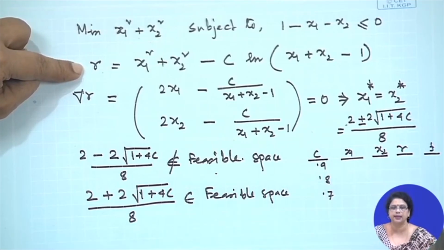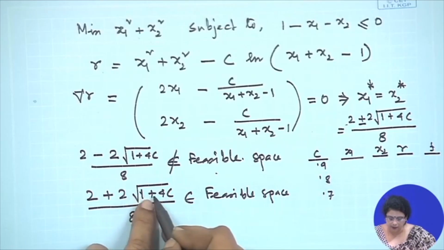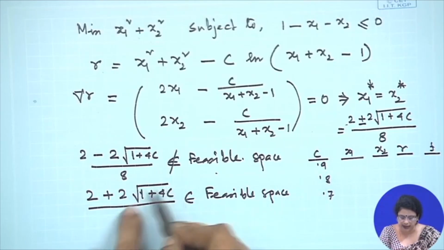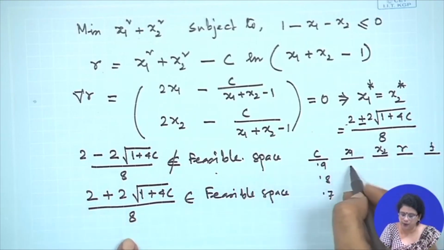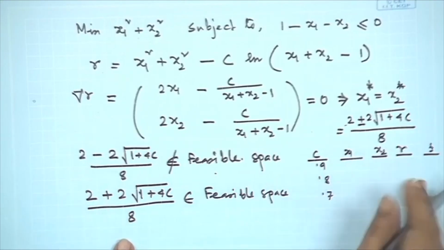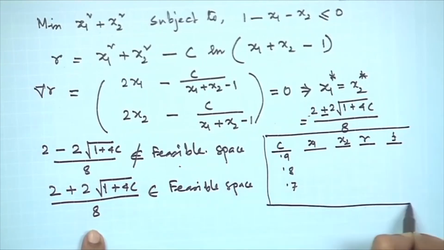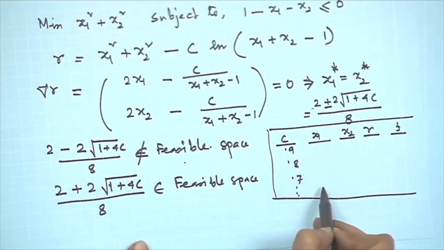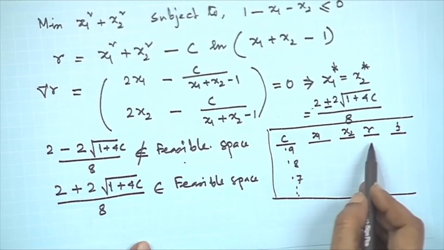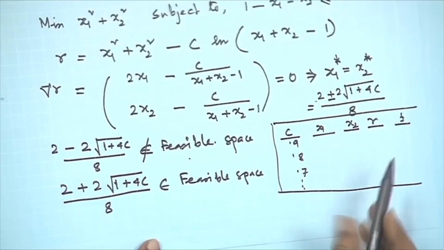By substituting c equal to 0.9, we will get 1 plus 4 into 0.9, root of that, 2 into this, etc. Then that would be the value for x1, same is the value for x2. We can complete this table. This is one way of getting it. We will see where the x1, x2 values are converging and the corresponding r value or f will converge, that would be the solution.